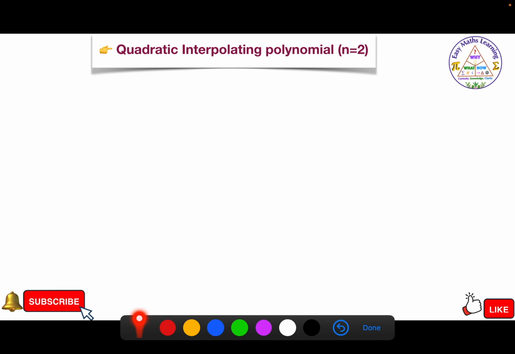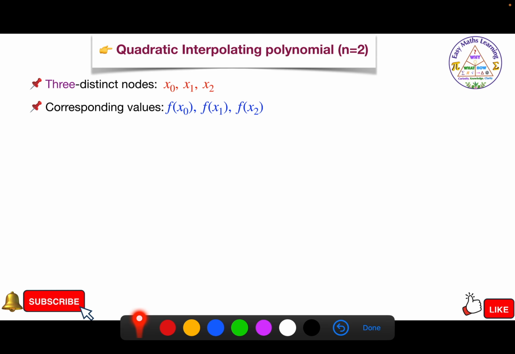Now we discuss the quadratic interpolating polynomial. For n equal to 2 we have three distinct nodes x0, x1 and x2 and corresponding function values f(x0), f(x1) and f(x2).